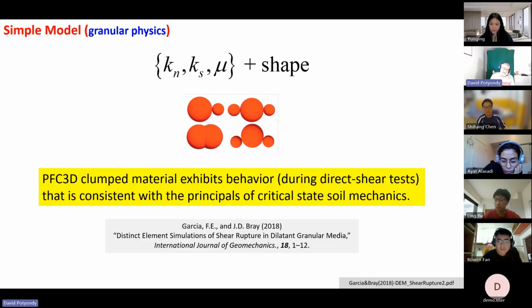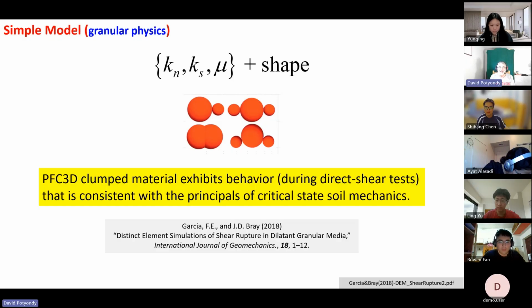They did all kinds of studies, and they concluded with that very powerful statement right there: consistent with the principles of critical state soil mechanics. If you don't know what that is, critical state soil mechanics is a very powerful way of characterizing, in a stress-strain way, all the different very complex behaviors of soils.